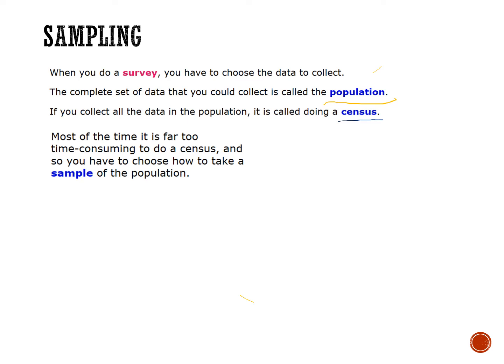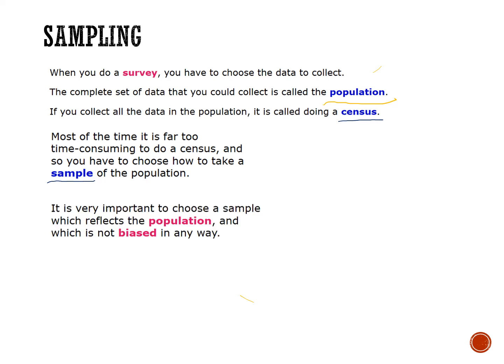So better than that is for you to take a sample of the population and use that for whatever statistical analysis that you want to do. Now, what you've got to make sure when you collect your sample is that your sample is actually representative of the population.